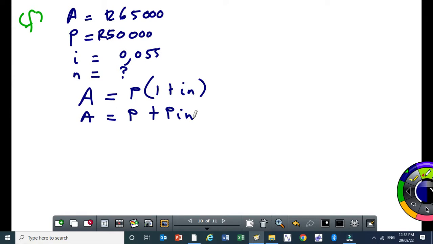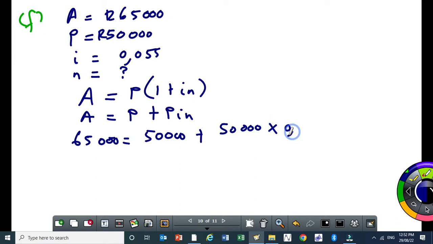Let's substitute. So A is 65,000, equal to 50,000 plus 50,000 times 0.055 times n. Now, I'm sure you can agree with that. You can take this 50,000 to the left.